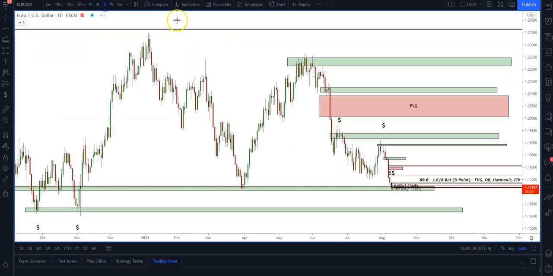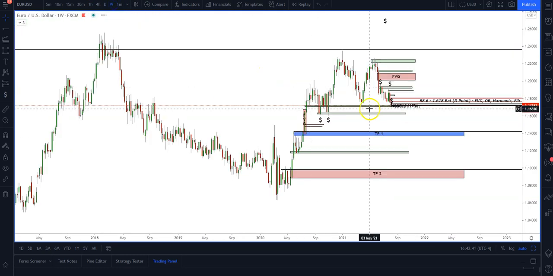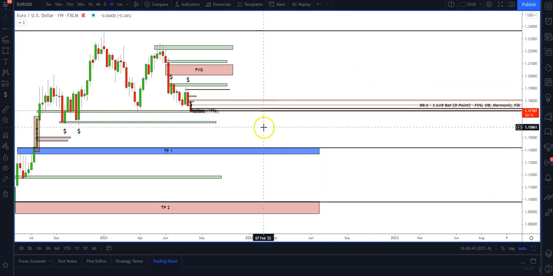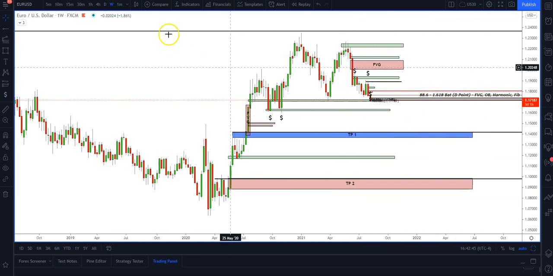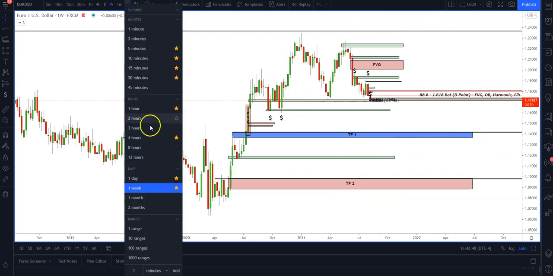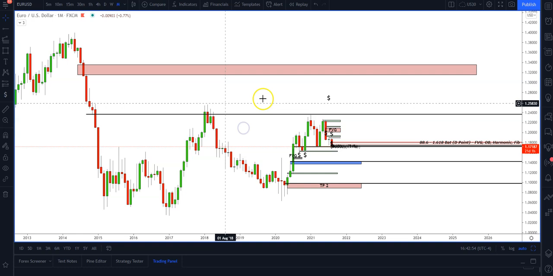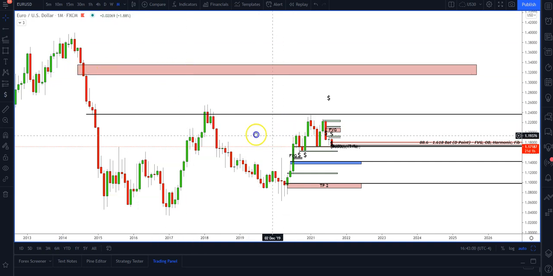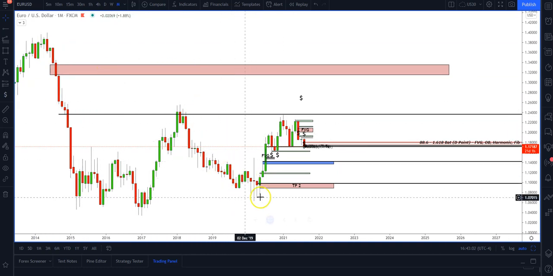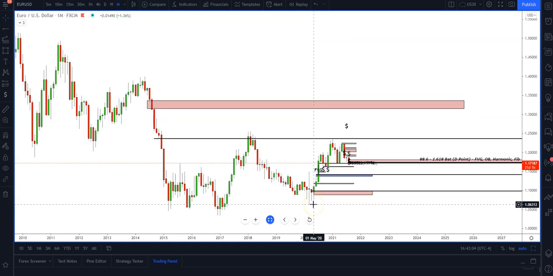And then long term, I have my TP1 and TP2 set long term. So based on the monthly, we're looking at liquidity up here, fair value gap up here, possible order block within this gap. And then we have, this is a nice harmonic right here.